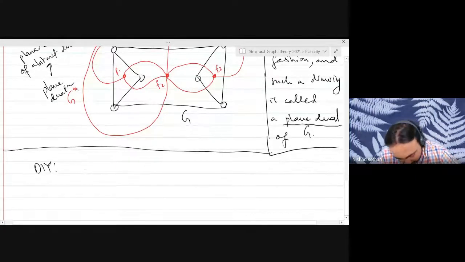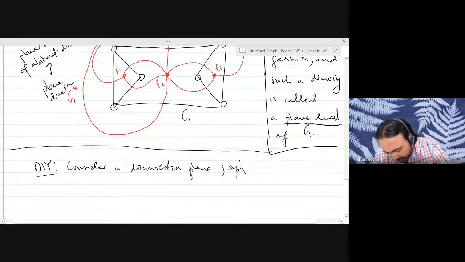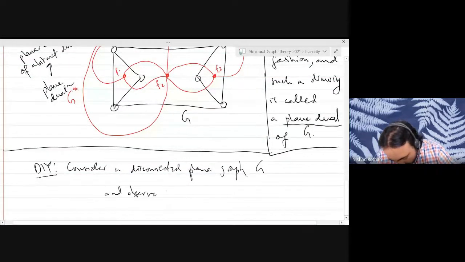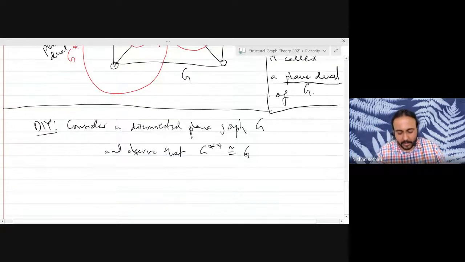Consider a disconnected plane graph G and observe that the dual of the dual is not isomorphic to the original graph, where you basically take the plane dual instead of the abstract dual.